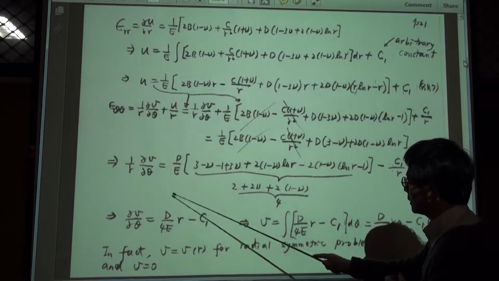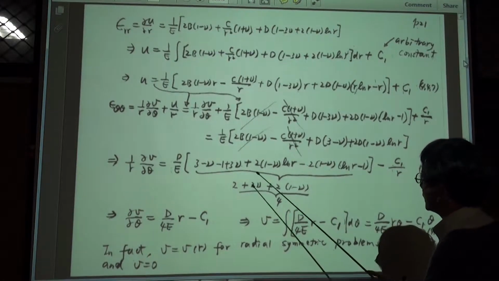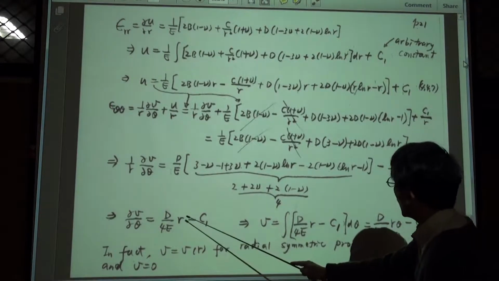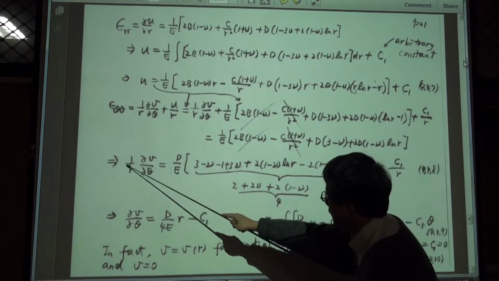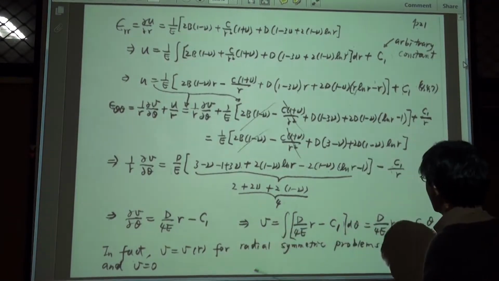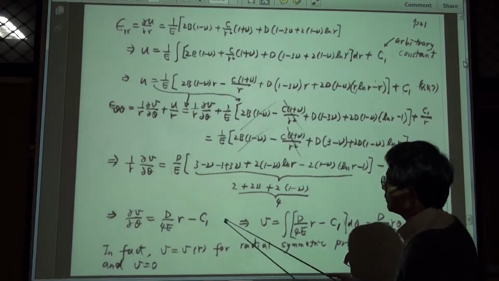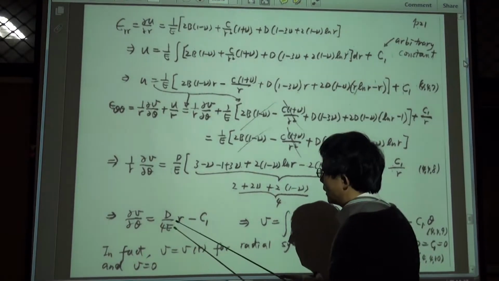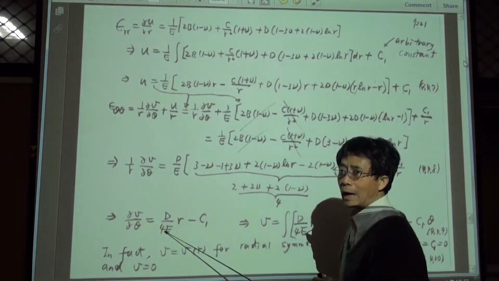So this one is written right here, and this one is written right here. So we have r finally. Why r? Because this r comes from here, because we move this r to here, and then we cancel this r with this r to get C1. So we end up with partial v partial theta equal to a linear function of r.